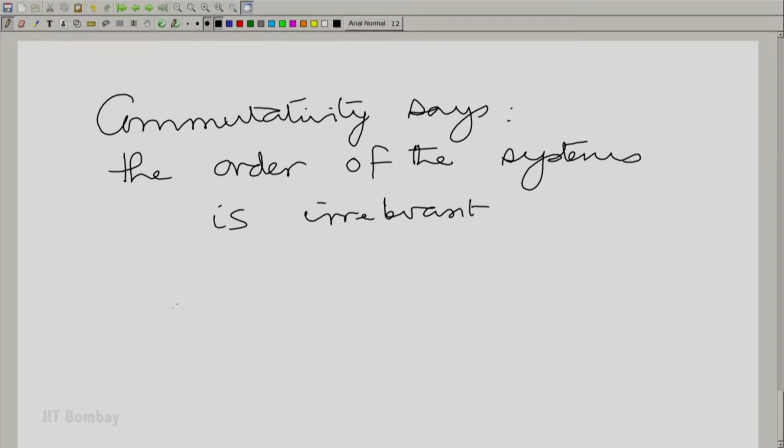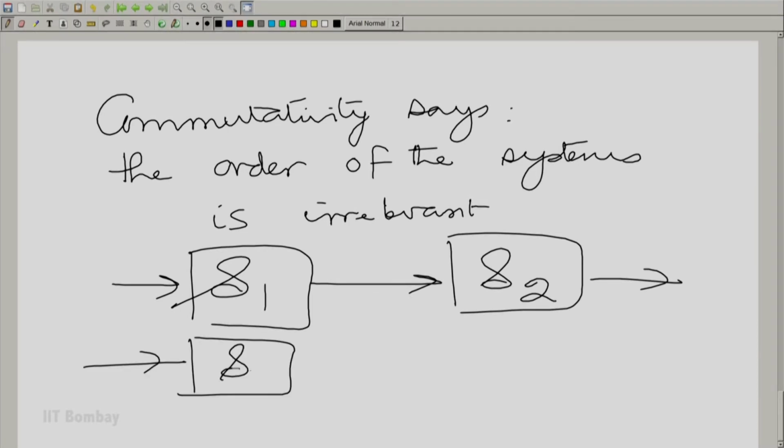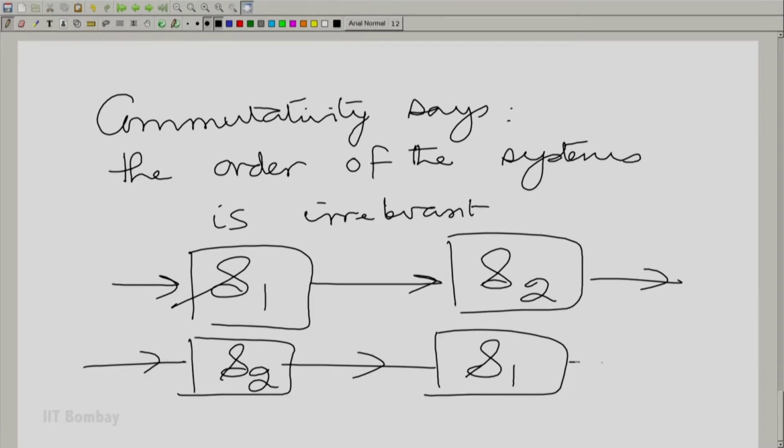That means, if you were to cascade S1 followed by S2, it would be the same as S2 following S1. These are the same. So, associativity tells you that there is an equivalent system, and commutativity tells you the equivalent system is unaffected if you reverse the order of the two systems in the cascade or the series connection.